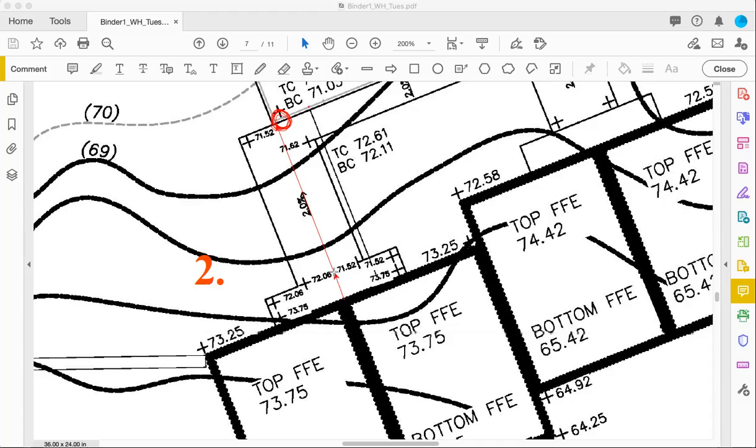So that's how you can get an accurate calculation for top FFE. That's the highest that you can get, which should be 72 point something. And then you have your ADA fulfilled.